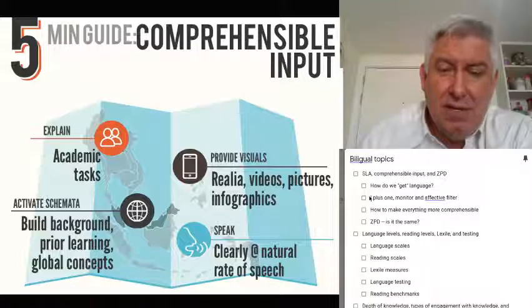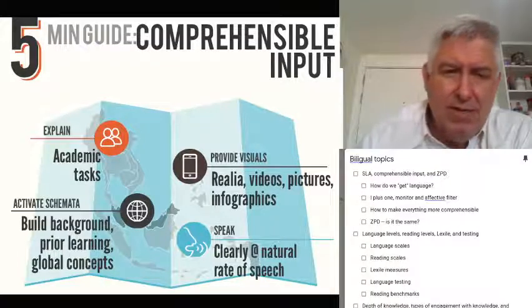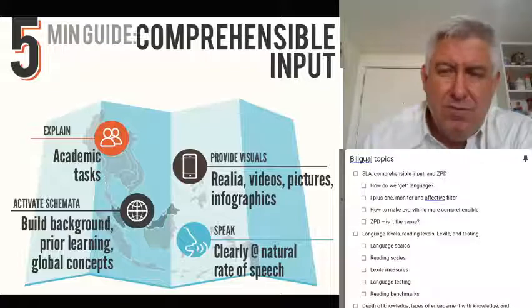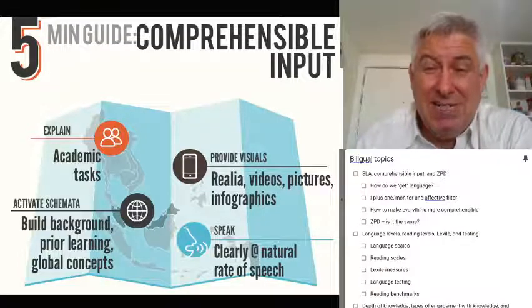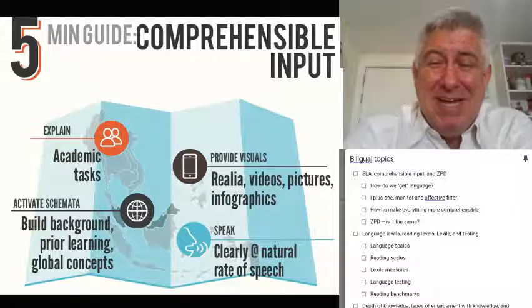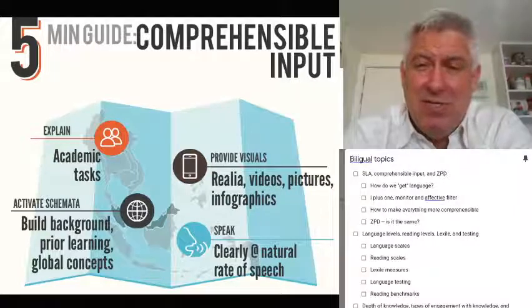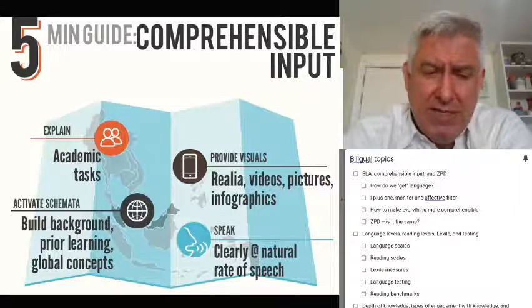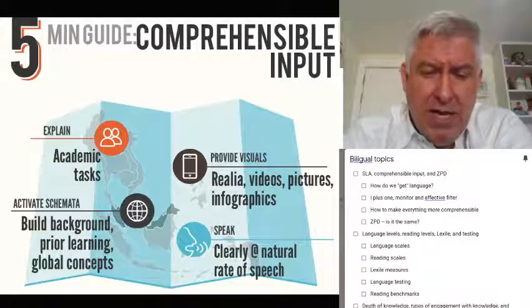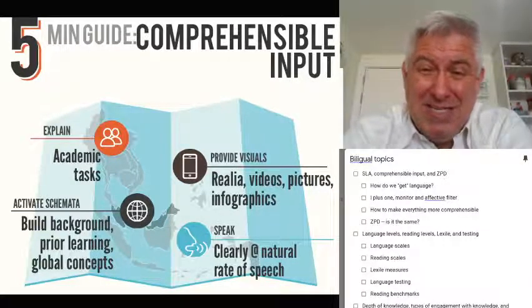Academic tasks. Students need to know how to complete tasks. That may sound simple, but I observe a lot of teachers who just don't model correctly, and we're going to get into that in a second with explicit or direct instruction.